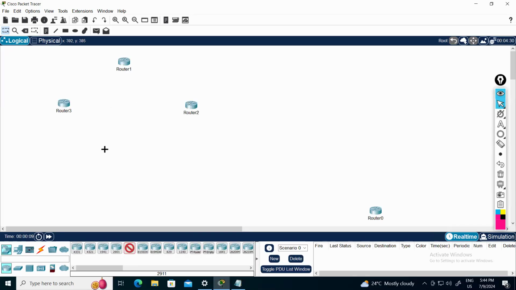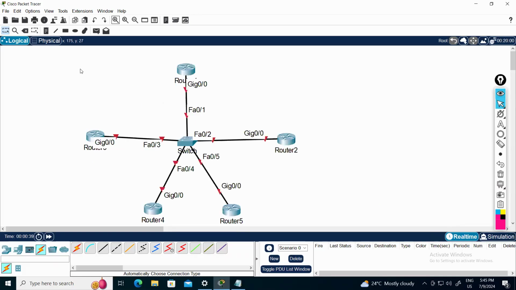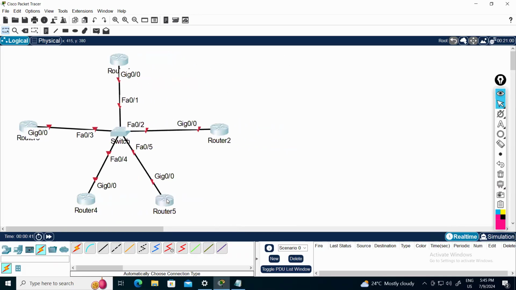R1, R2, R3, R4, R5. Five routers I'm taking here, and these five routers are connected with a switch. This is our network setup. This is clear.